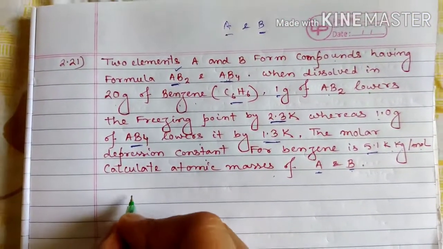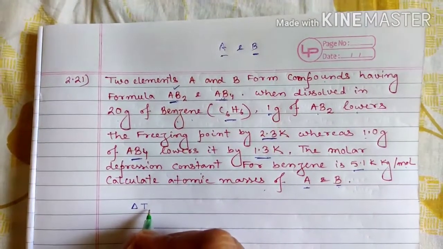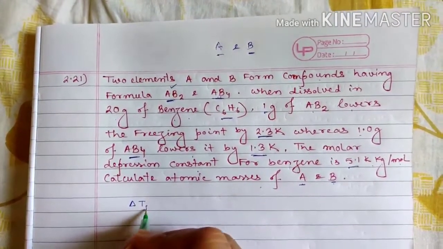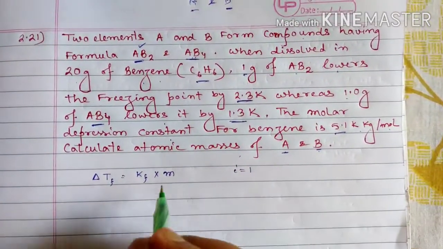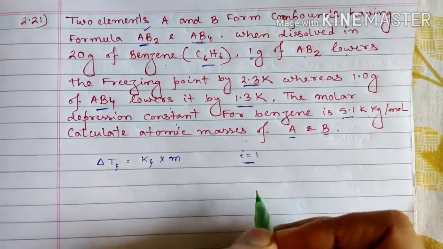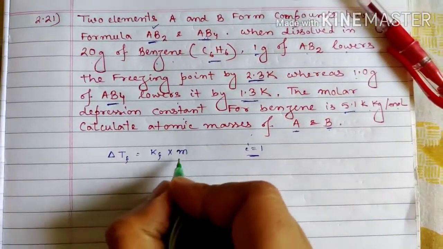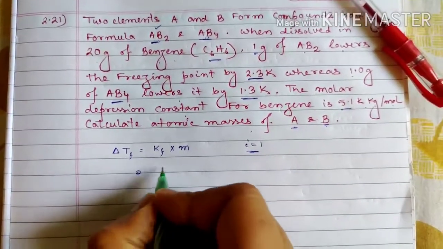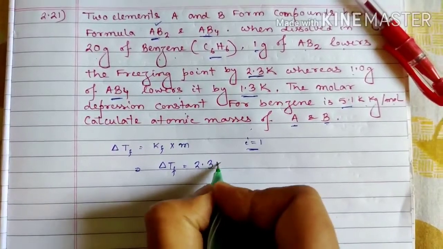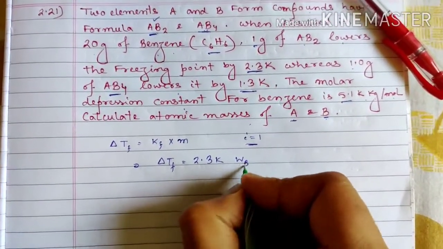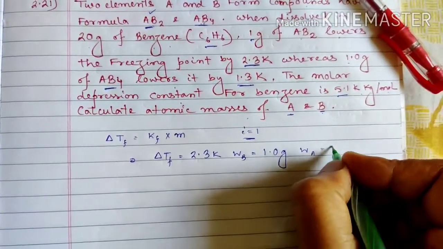We know that delta Tf is equal to Kf into m. Here we are considering i is equal to 1. So now let us put the values. Here it is given delta Tf is equal to 2.3 Kelvin, WB which is 1.0 gram, WA which is 20 gram.